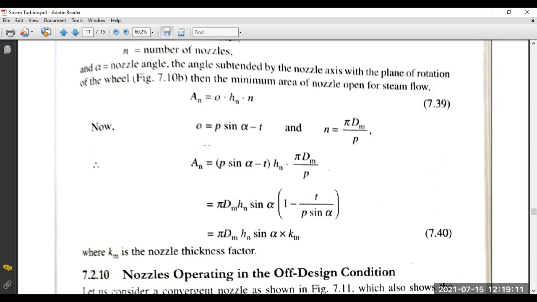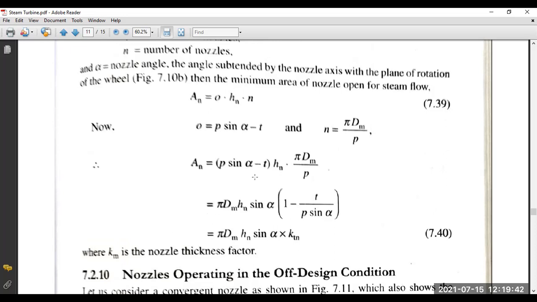So the minimum area of the nozzle which is supposed to open is available from this equation itself, which contains An, taking into consideration h0, the number of nozzles, and the angle of the nozzle with the horizontal, multiplied by pi dm by n. Area An is (p sin alpha minus t) into h0 into pi dm by p.